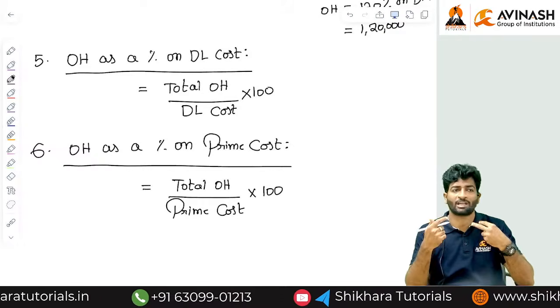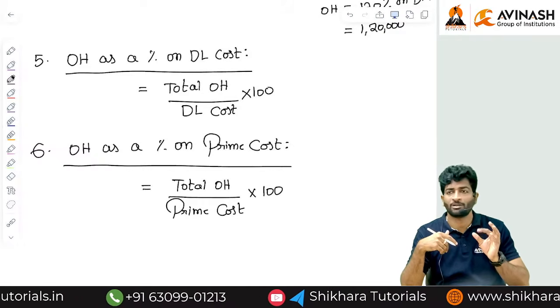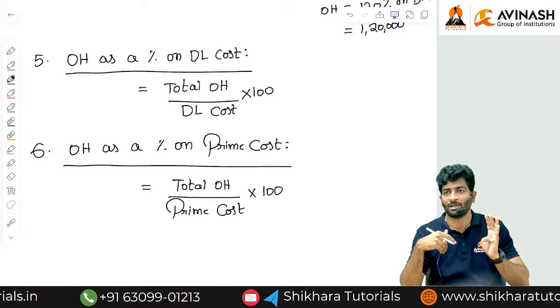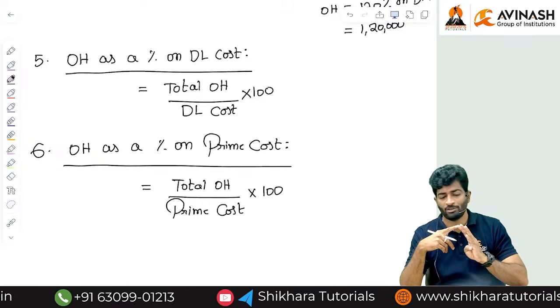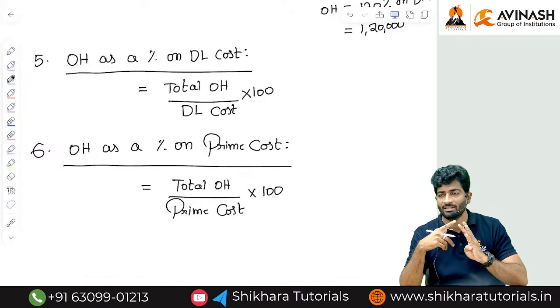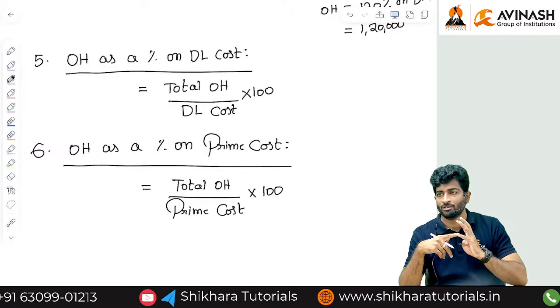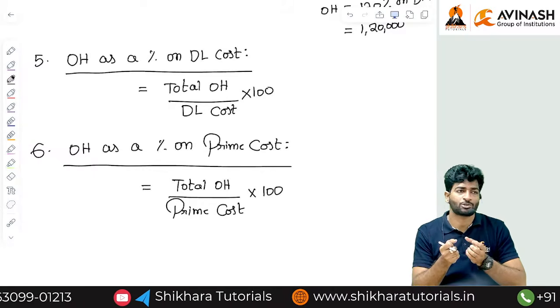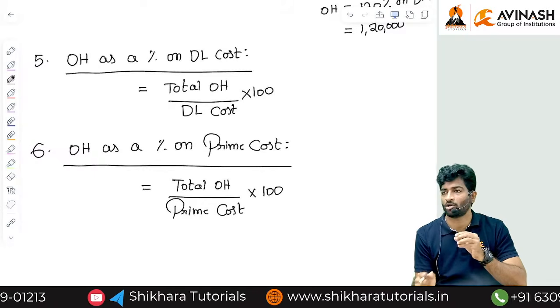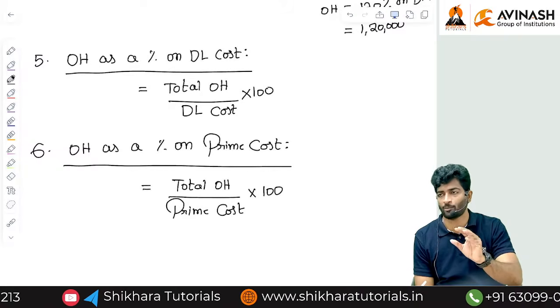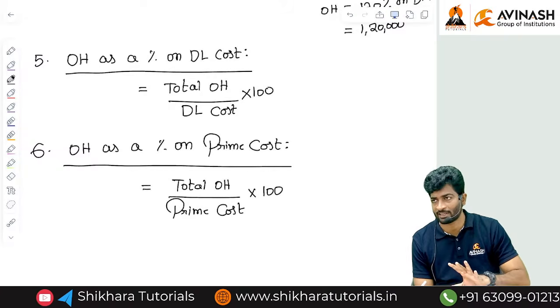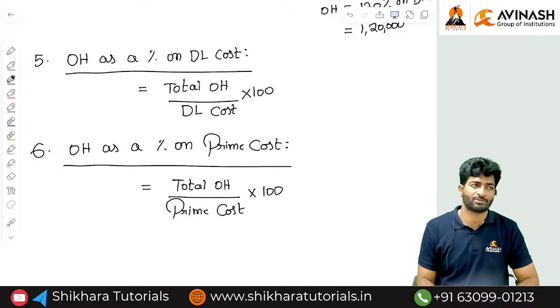How they want to recover their overhead? Absorption, recovery, charge, applied: the meaning of absorption, you can use these four. Clear? So how the firm wants to recover their administration overhead? They want to recover as a percentage on prime cost, as a percentage on factory cost. Is it clear? So these are the 6 methods for absorbing overhead.